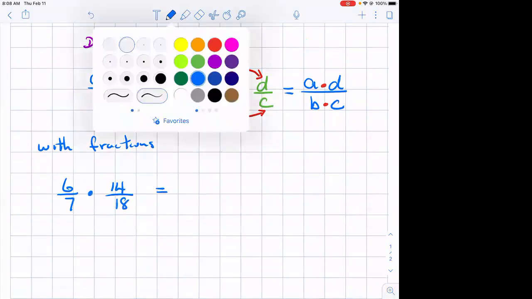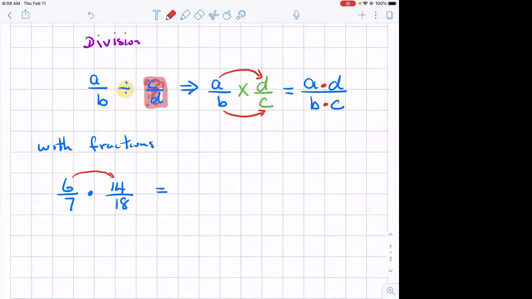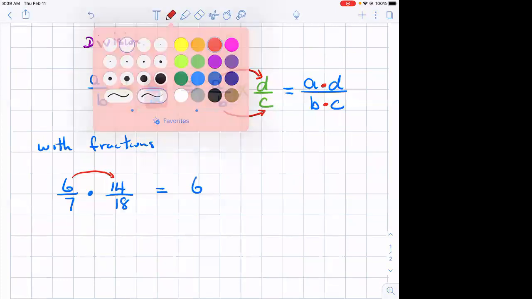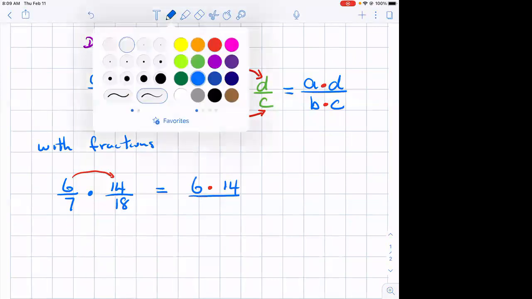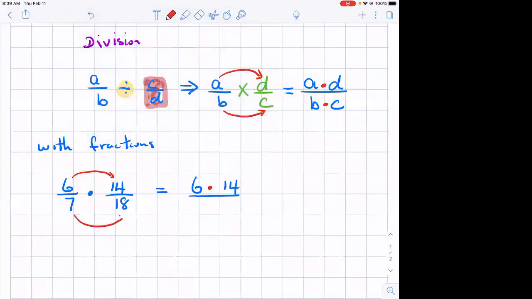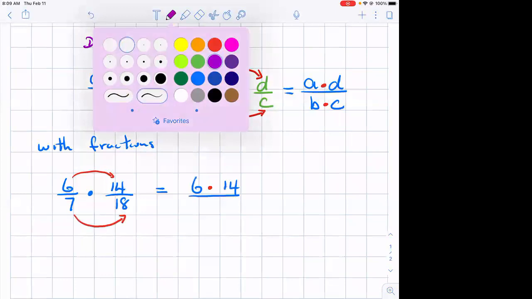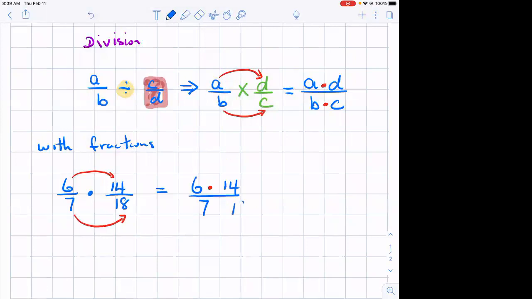You can multiply 6 times 14, so here we have 6 times 14 divided by 7 times 18. We multiply them. Then we can simplify the numerator and denominator.